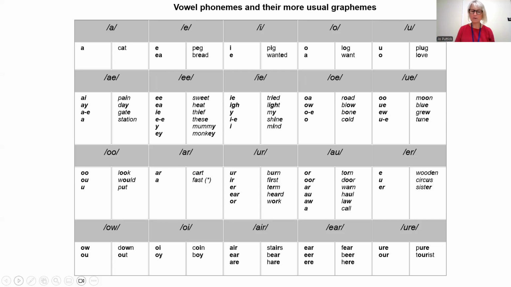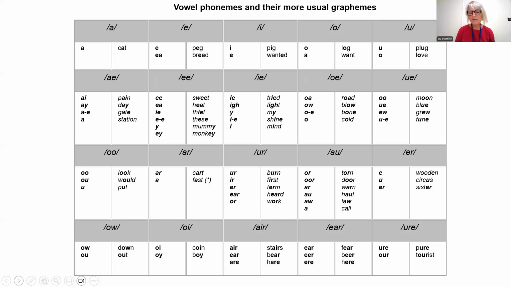So, for example, the sound E, the phoneme E, is spelt with EE in sweet, EA in heat, IE in thief, EE in these, a Y by itself in mummy, or an EY, for example, at the end of the word monkey.